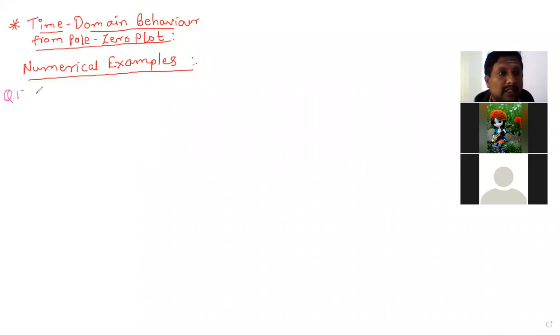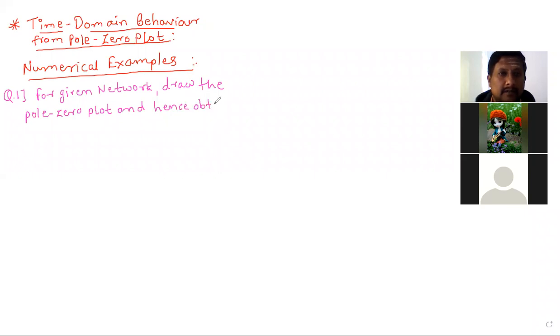Question number 1: for the given network, draw the pole zero plot and hence obtain the time domain response.